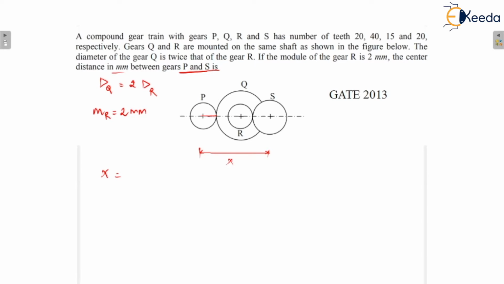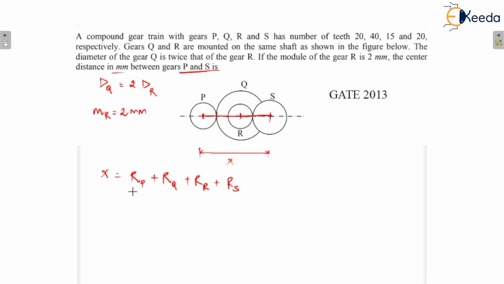You can see this is the radius of gear P, so I can write RP, plus the radius of gear Q, plus the radius of gear R, and plus the radius of gear S, that is RS.